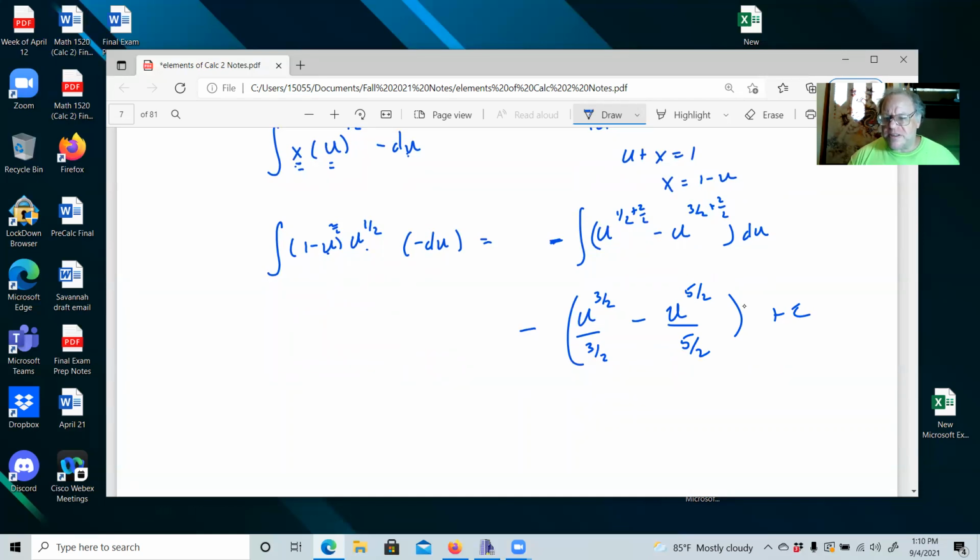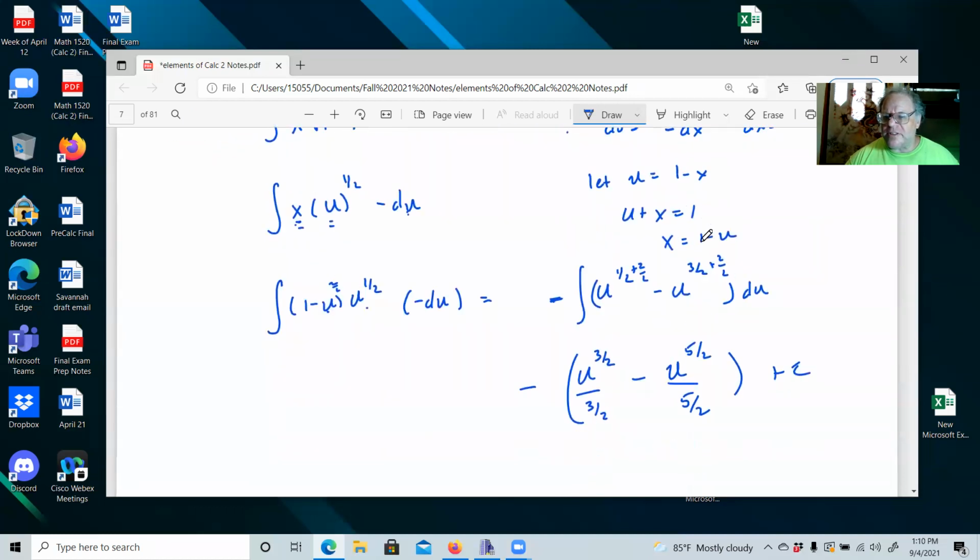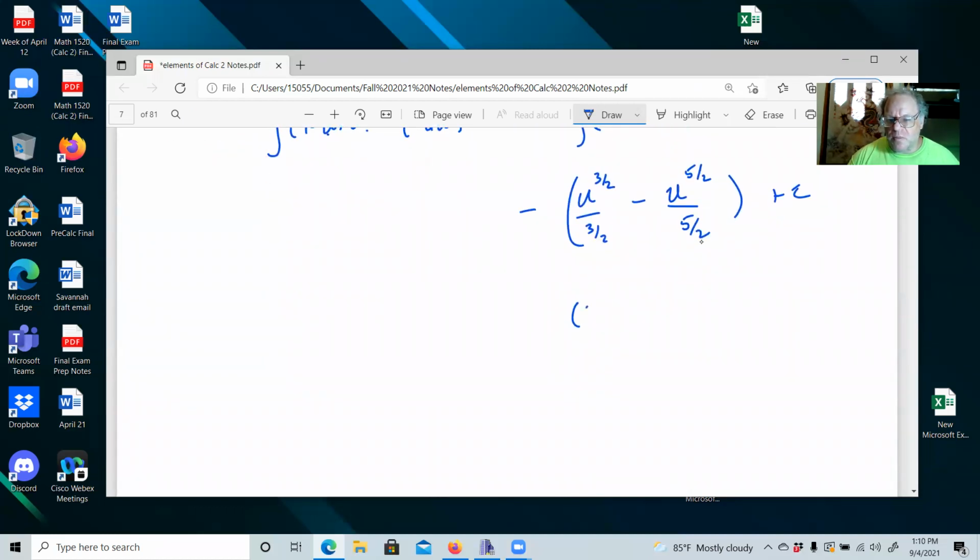So this is going to be, what's u? u is 1 minus x. So we have minus 1 minus x to the 3/2 over 3/2. What we're going to do is multiply top and bottom by 2/3. Minus, same thing is going to happen here, 2/5 top and bottom.